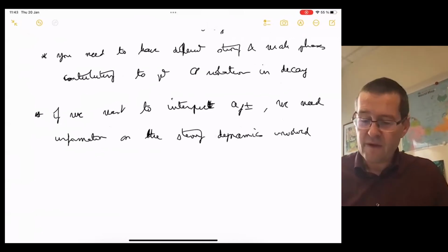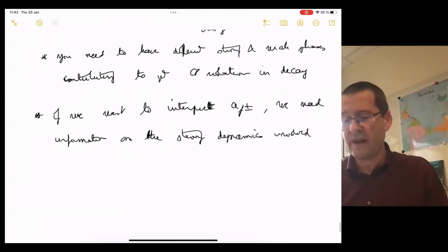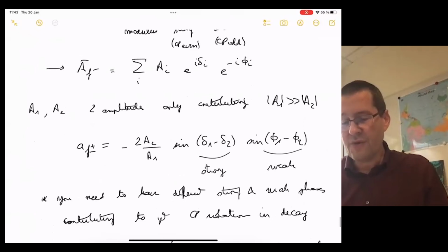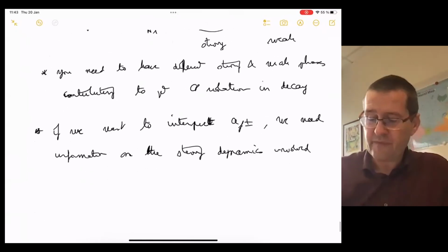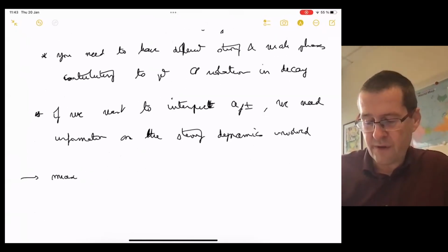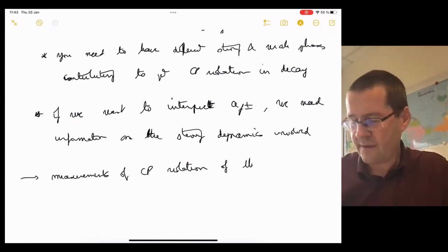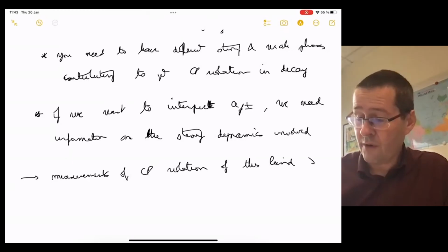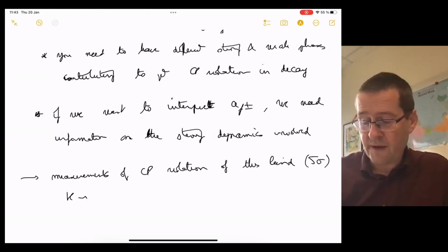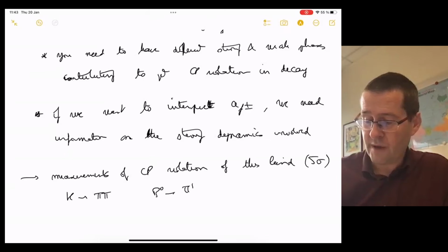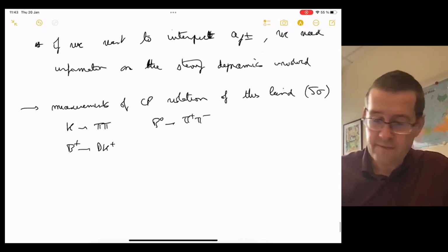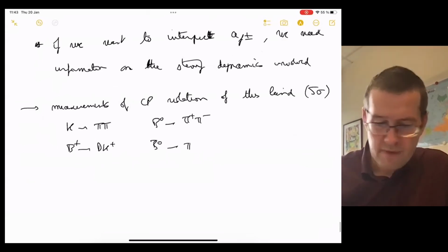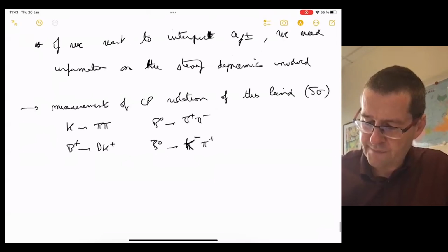A point that I can emphasize again is that you do have quite a lot of measurements of this kind, measurements of CP violation at more than 5 sigma, for instance, kaon into 2 pions, B0 into pi plus pi minus, B plus to DK plus, B0 bar to pi K minus, sorry, K minus pi plus.